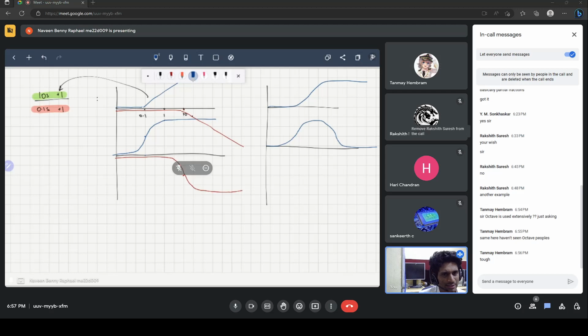If I remember correctly, there's a function in MATLAB specifically for analyzing PID controllers.